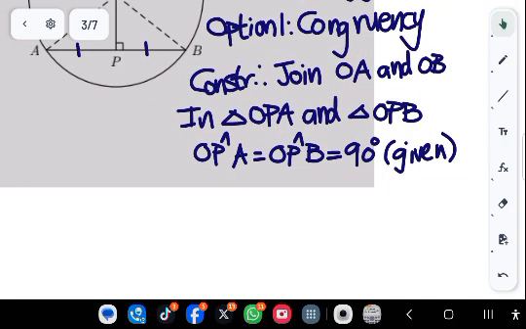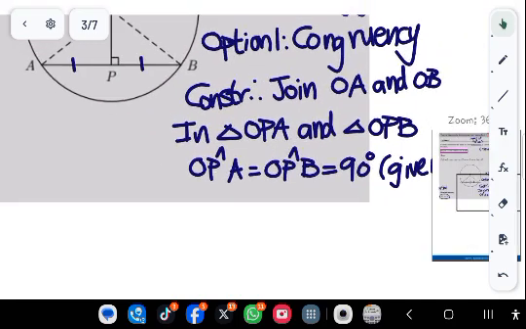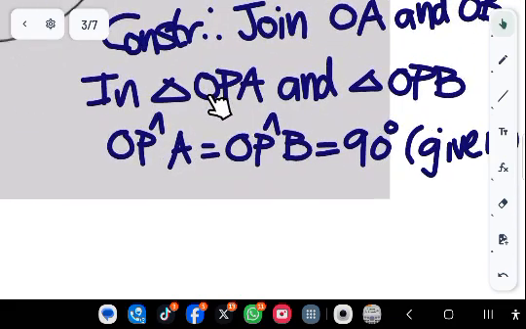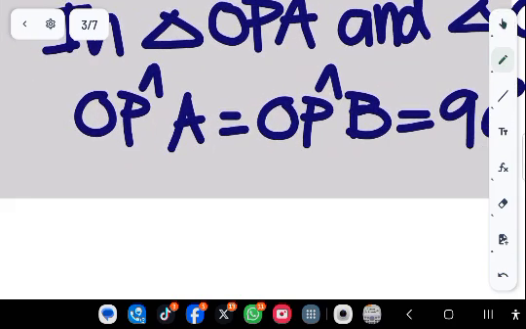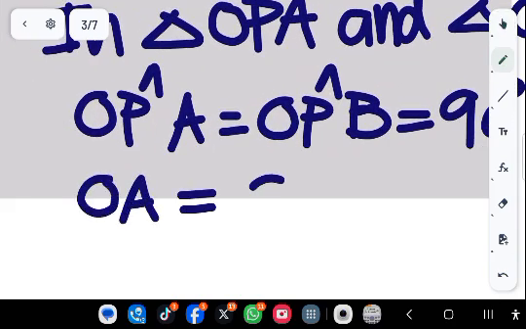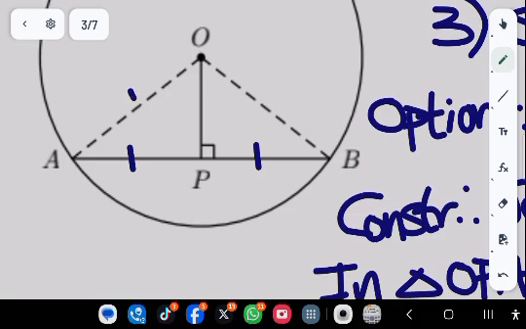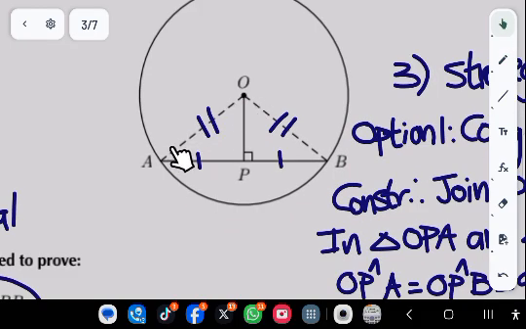Now next, hypotenuse. OA. All right. Notice OA equals to what? OB. OA equals to OB. What are they? Equal radii. This side is equal to that side. They are both radii from the same point.